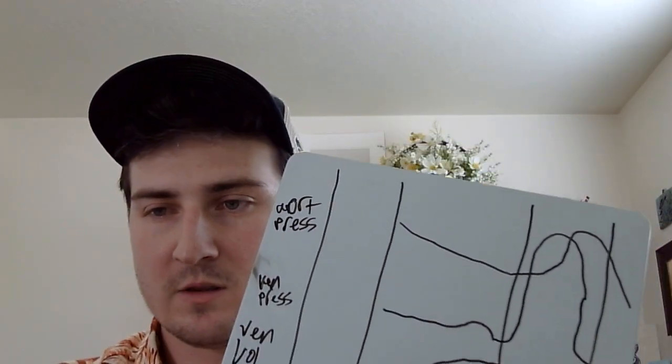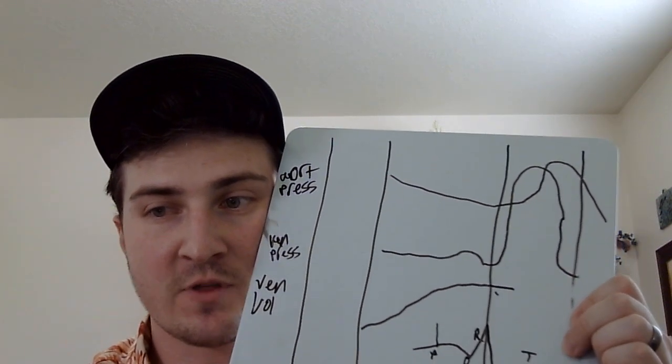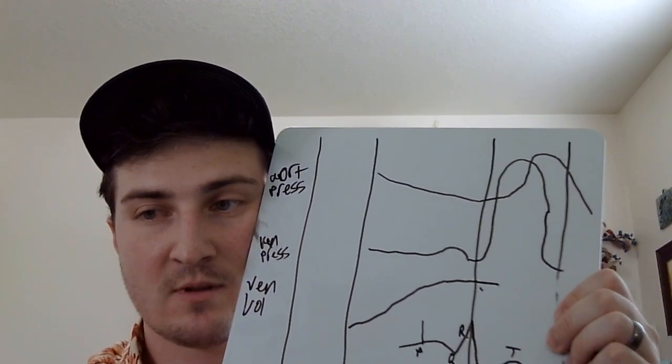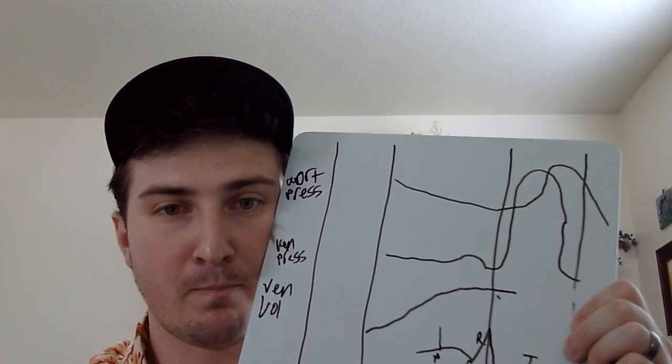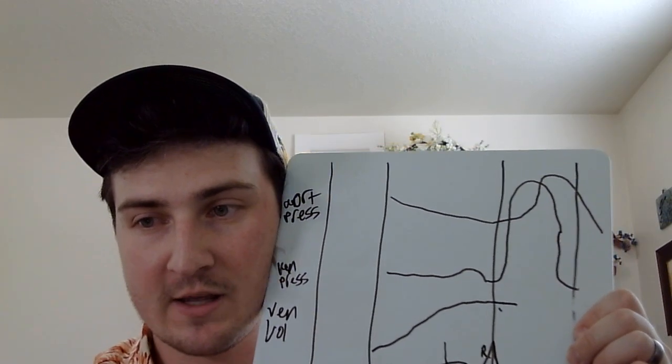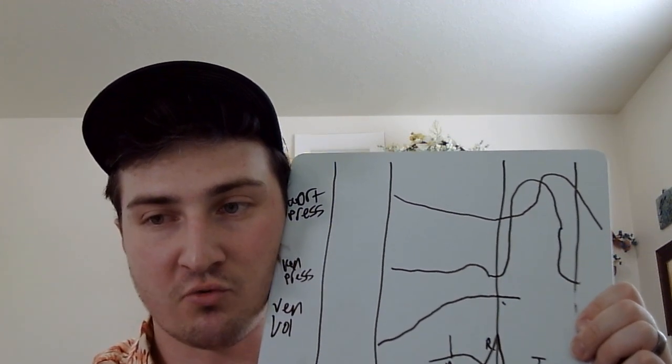Okay, so after this is where we're going to see the relaxation of our ventricles after the ejection phase. And our aortic valves are going to close, and that's going to stop backflow of any blood that could get in there. And the ventricles' pressure is going to drop off.